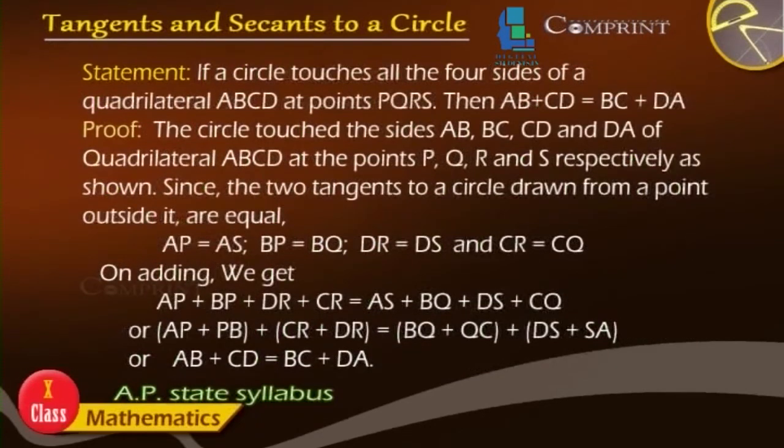Statement: if a circle touches all the four sides of a quadrilateral ABCD at points P, Q, R and S, then AB plus CD is equal to BC plus DA. Proof.